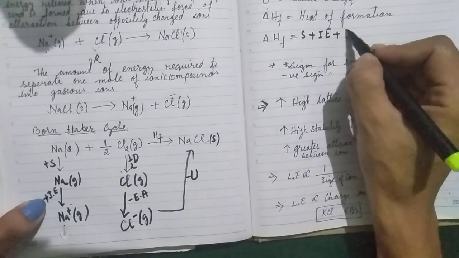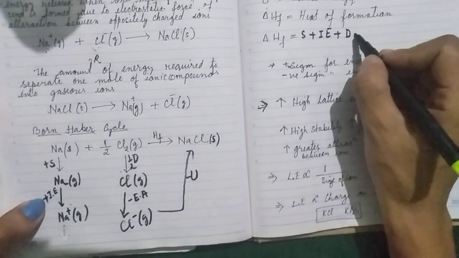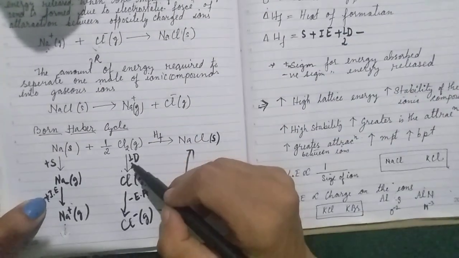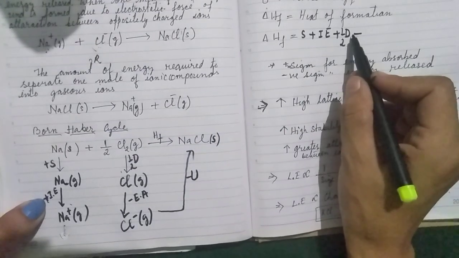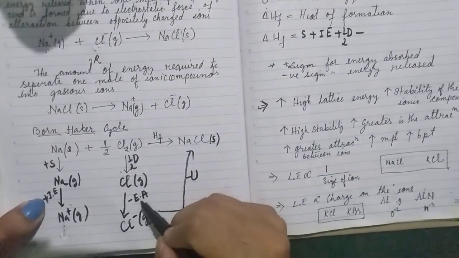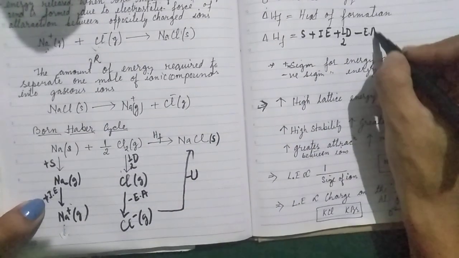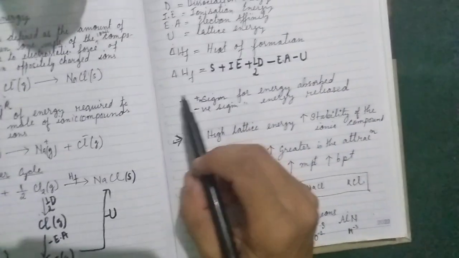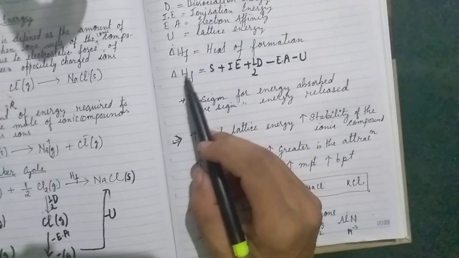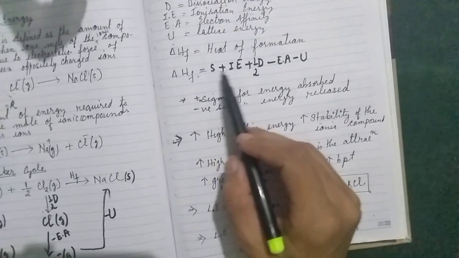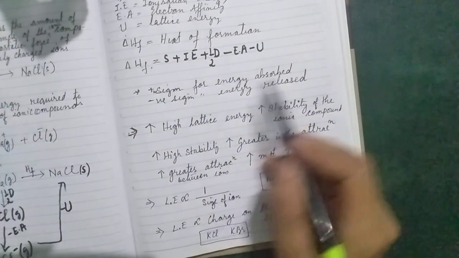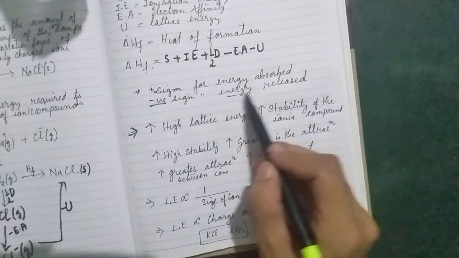In this case it is half, so we put half the dissociation energy. Then the electron affinity is a minus sign, then lattice energy is also released, so it is minus U. So this is the enthalpy of formation. Plus sign indicates energy absorbed, minus sign indicates energy released.